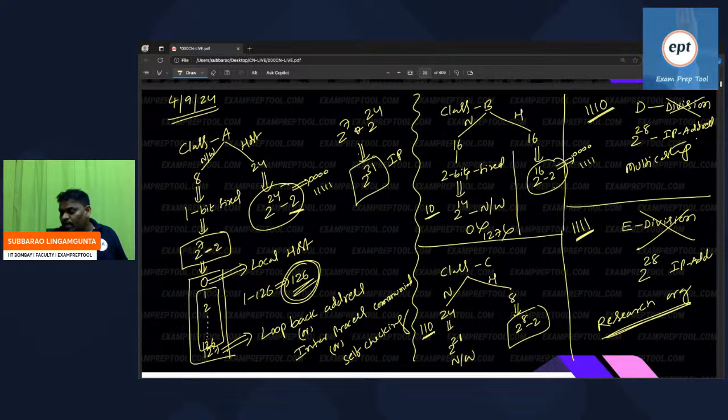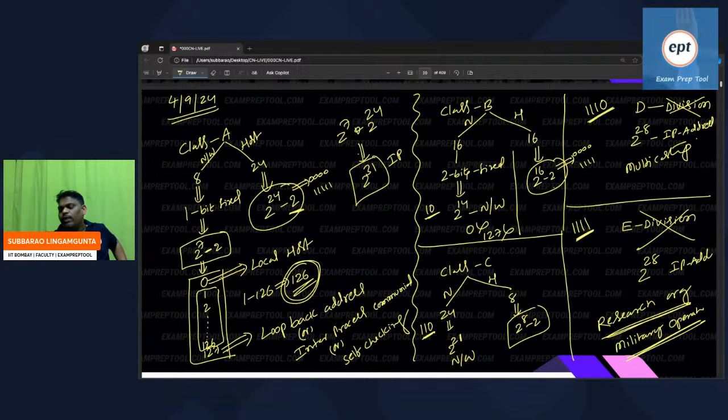If you request for multicasting purpose, they will allocate from the D class. Research purpose and military operations are special purposes.